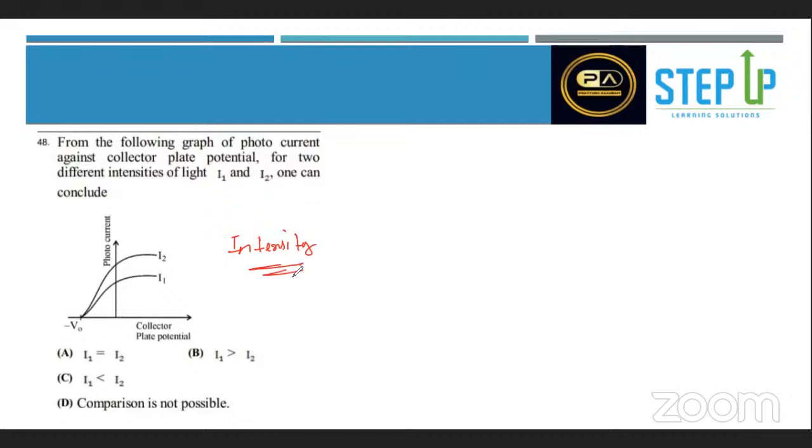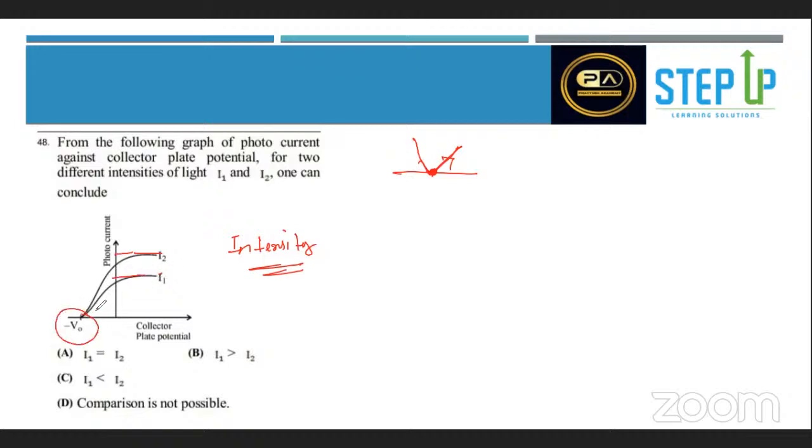You can see that when the intensity of light increases, there is a metal and you're increasing the intensity. So if you're increasing it, more electrons will come out and they will move even with more kinetic energy. So like that we say that the intensity is directly proportional to the photocurrent.